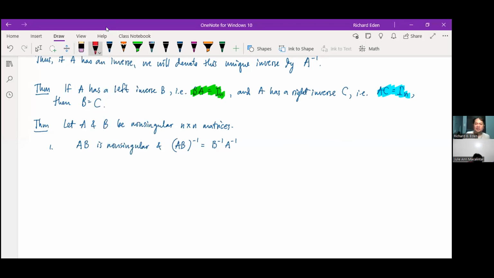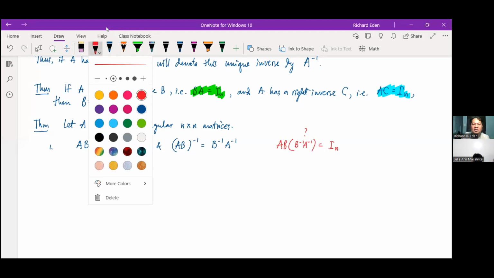So ito, A, B. We're trying to look for what we can place there so that the result will be the identity matrix. And it turns out that if we put there B inverse A inverse, apparently it's the one that's going to work. Okay, how so? Why is it gonna work?